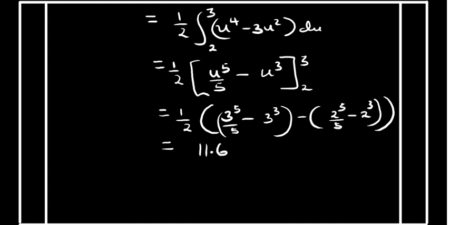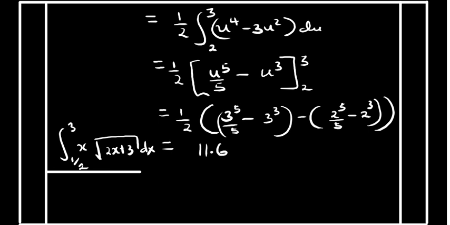So it means when you integrate from a half to 3 of x root of 2x plus 3 with respect to x, you actually get 11.6. You can try that and make sure you press the calculator carefully. So we can now say that is our answer for that.